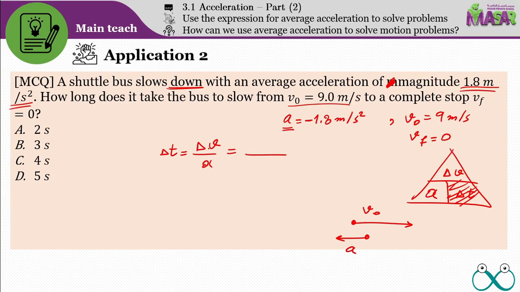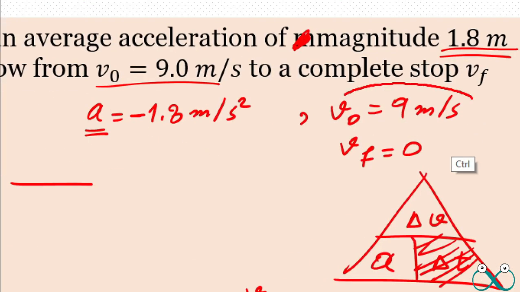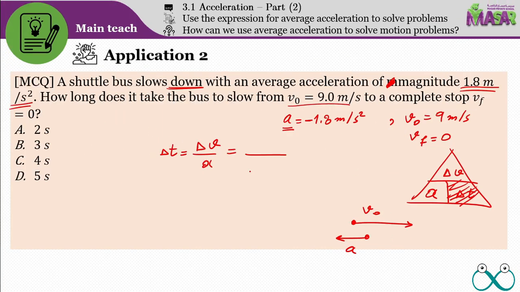Now the delta v is not given here. However, we have information about the initial and final velocities. So let me expand the delta v into two components, v final minus v initial, over the acceleration. Finally, let's substitute the values.